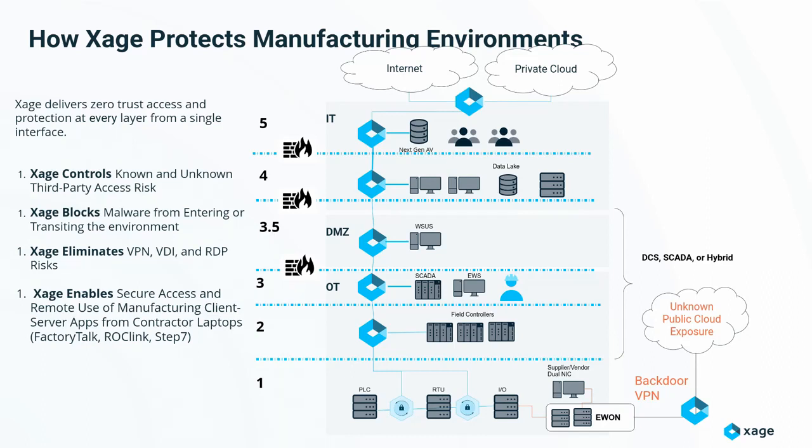So for example, if you're supposed to be programming this PLC and not another PLC, you can only see the PLC that you're supposed to be programming. So the old fat finger of 192.168.1.11 and 1.111 isn't going to happen, because that's not going to be inside of your menu. So there's lots of ways that Zage is reducing the risk and making it very difficult for a malicious actor or a malicious program to move and propagate through a network, as well as shoring up and making sure that the blast radius in the event that something does happen is confined and very knowable.